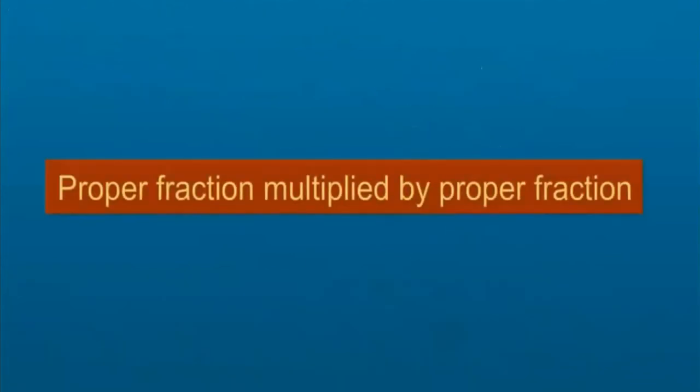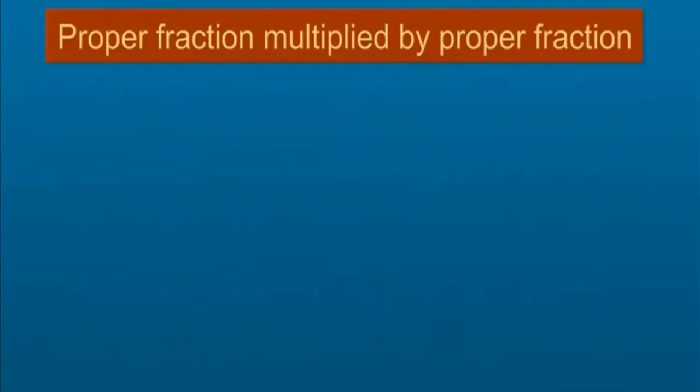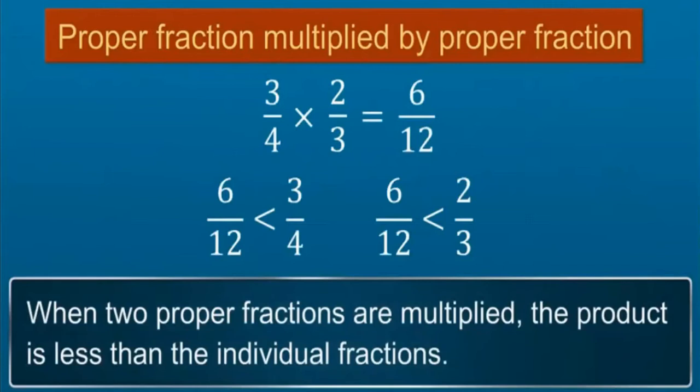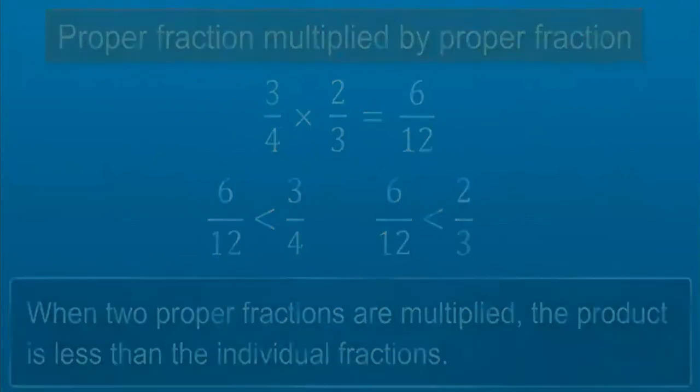Let's consider what happens when we multiply different types of fractions. We will multiply 2 proper fractions, 3 upon 4 and 2 upon 3. We get 6 upon 12. What we observe is that when 2 proper fractions are multiplied, the product is less than the individual fractions.